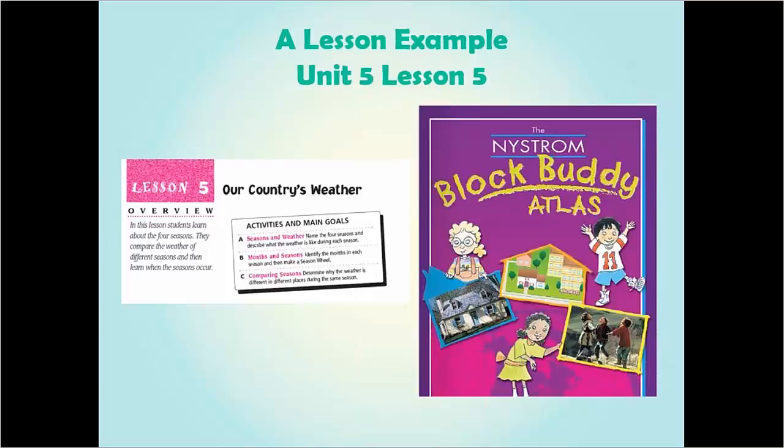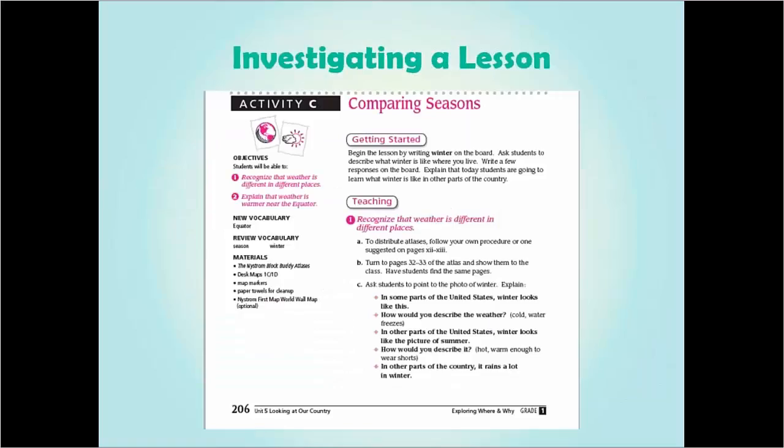Then we moved to our Block Buddy Atlas. Some of my students shared the atlases, and we turned to a page in there that had pictures of Washington, D.C. in the 4 different seasons.